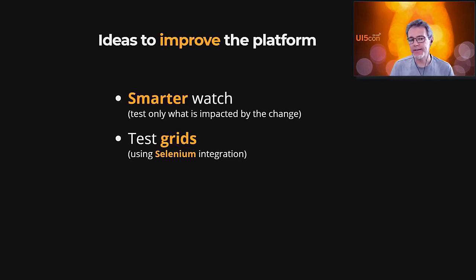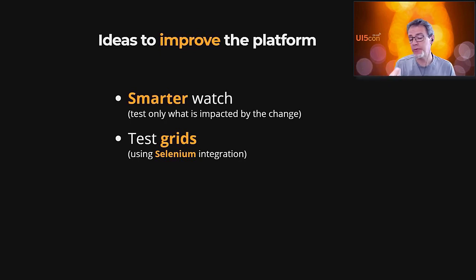Also, I said that the different test executions generate coverage information. And I'm thinking about trying to implement a smarter watch mode. Most of the tools that you have access to today, like Karma, allow you to have a watch mode so that whenever you modify a source file, the tests are evaluated in the background, and it gives you a real-time status of your test execution. But most of the time, it executes everything.